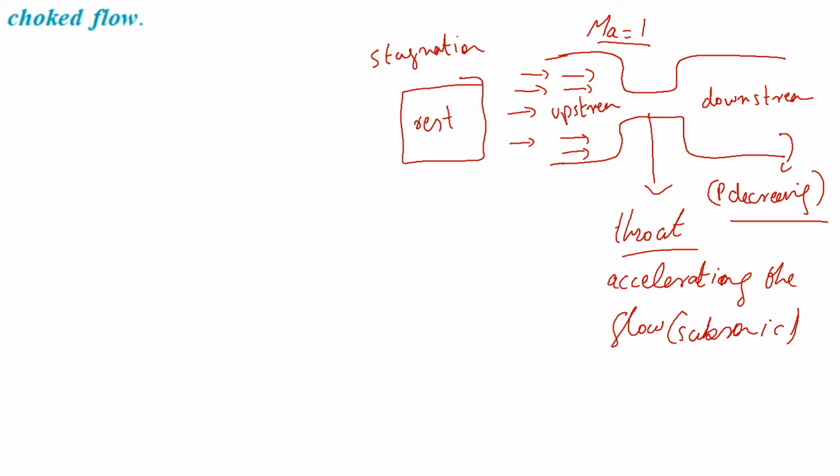When this condition is achieved, and we decrease the pressure further after achieving a Mach number equal to 1, there will be no change in the Mach number, which means that the velocity of the upstream fluid will not increase further for a given pressure at the upstream. So what will be the consequences of this flow? The mass flow rate will not change.